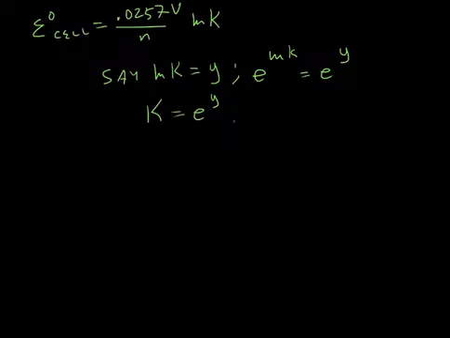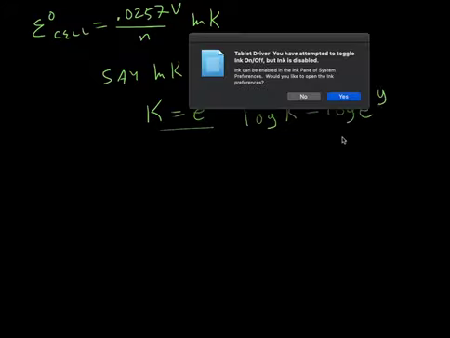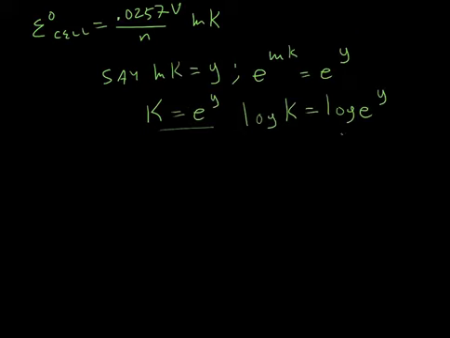Now, to start the process of transferring this into base 10, let's take the base 10 logarithm of both sides of this equation. That tells you that base 10 log of K is equal to log of E to the Y. But log of E to the Y is just Y log E. So base 10 log of K is Y log E. But we know what Y is.